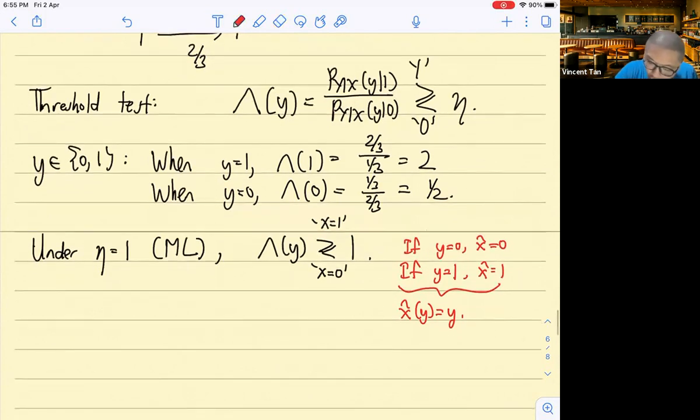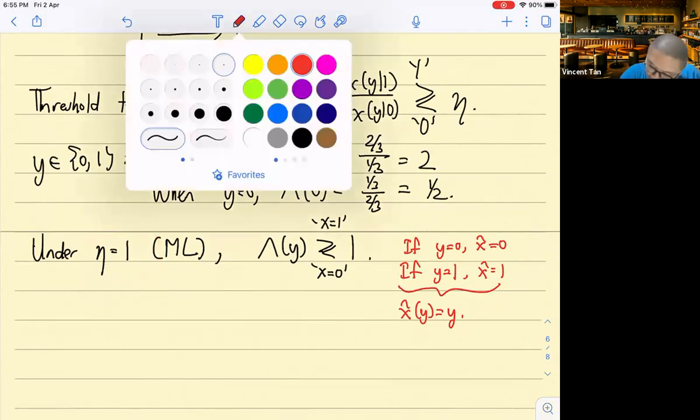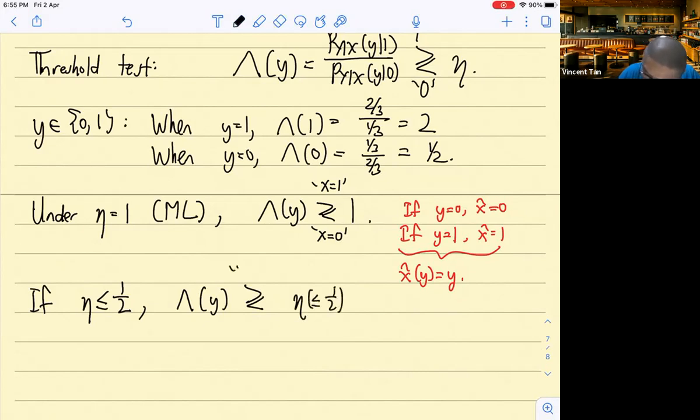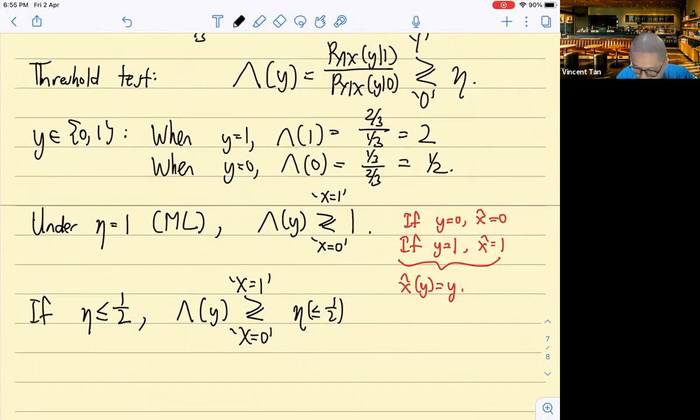No one says that our eta must be equal to 1. However, if eta is less than or equal to half, then what will happen? Then my test looks like this, with eta a number that is less than or equal to half. Here I'll decide X equals 1, and here I decide X equals 0. So what will I choose?